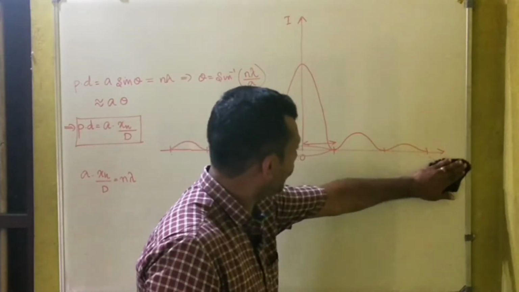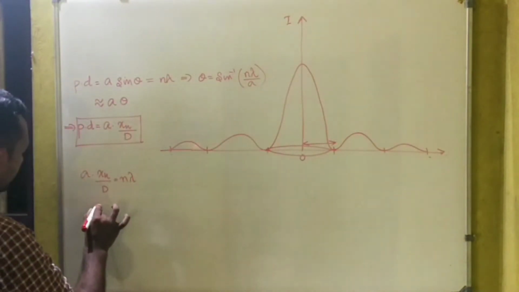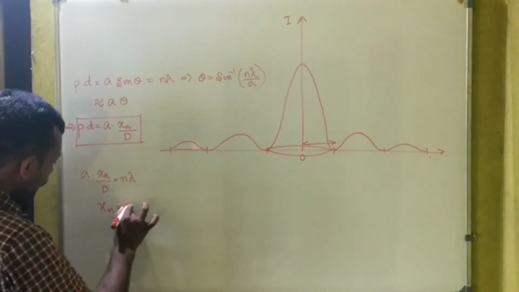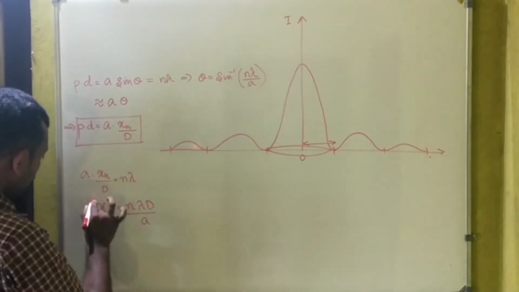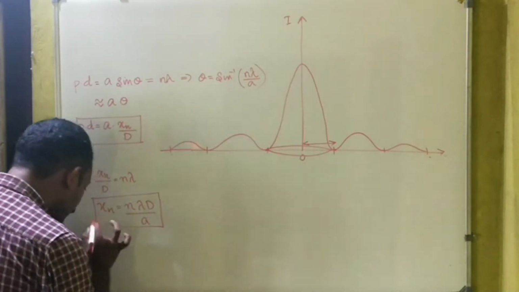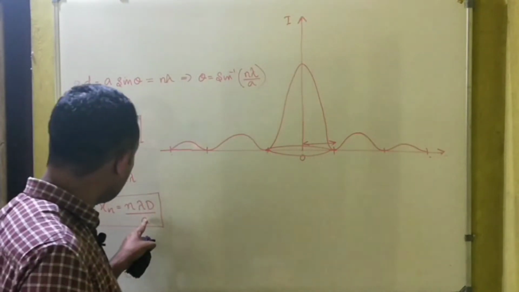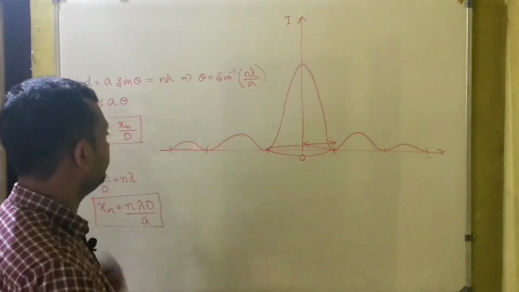So xn is equal to n lambda D divided by small a. This equation resembles that of interference, where in place of small a we had D.